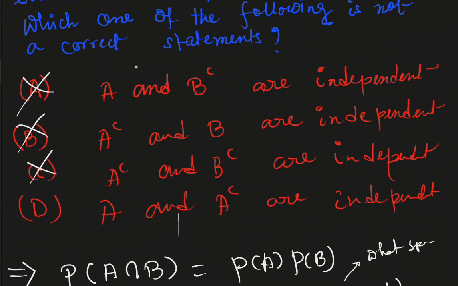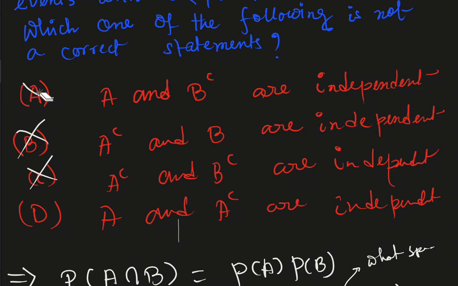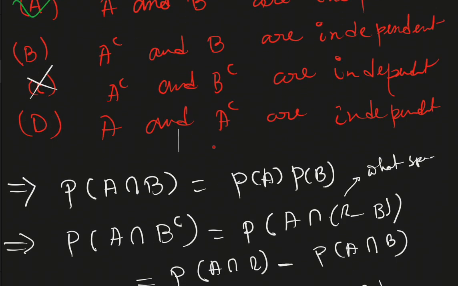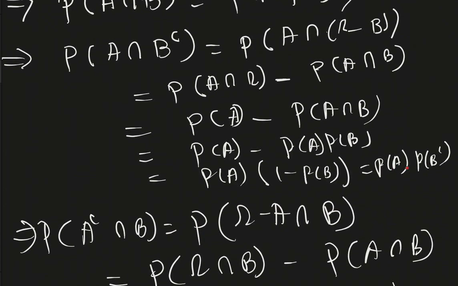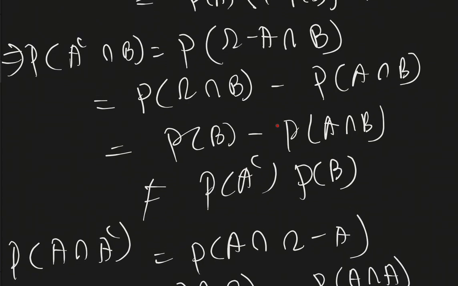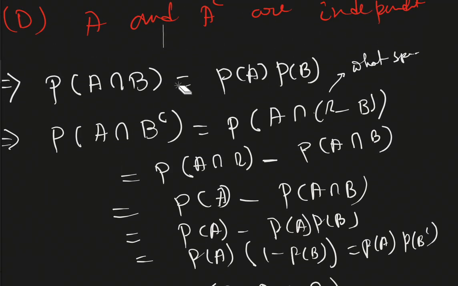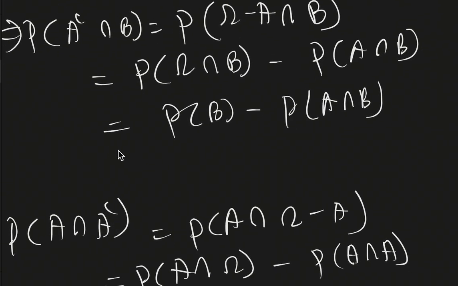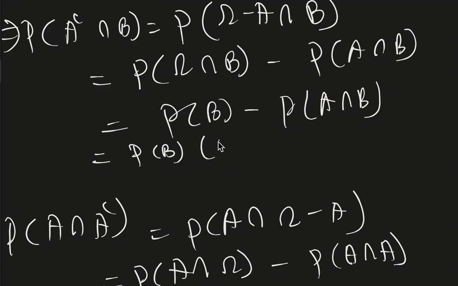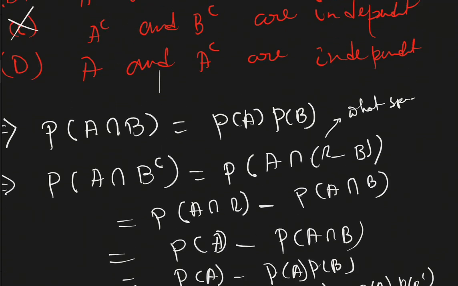So this is independent, this is true. Similarly here also, P of A intersection B means P of A into P of B. If I take common P of B, 1 minus P of A, that is P of B into P of A complement. So this is also true.